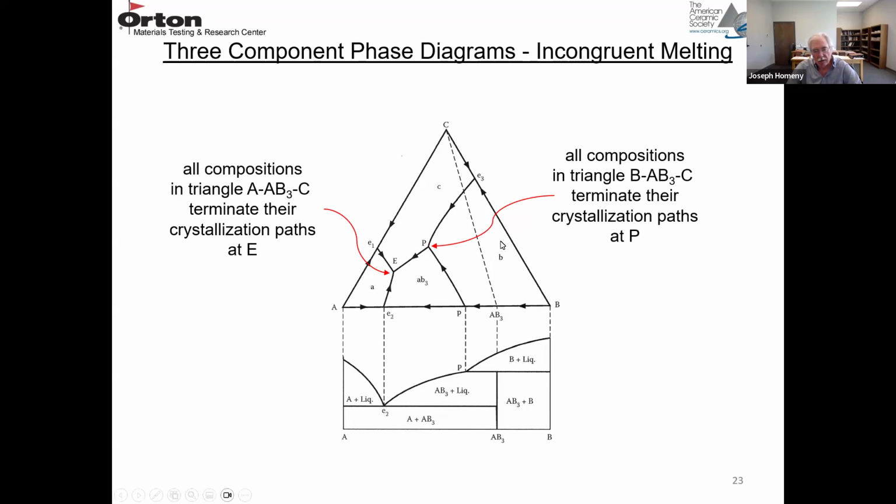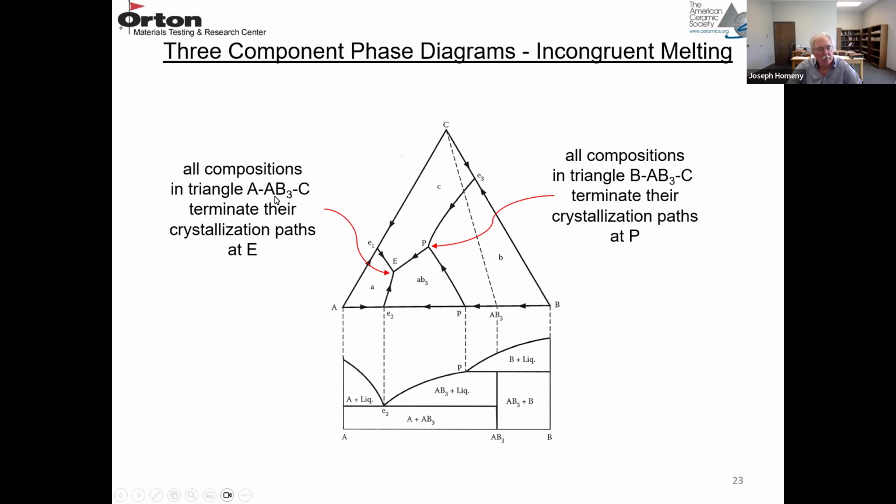If we start out with any composition in this phase field given by this triangle, so we have C, B, and AB3, it has to end up with those three compounds. So here's the phase field for C, B, and AB3. If we start in this compatibility triangle, AB3, B, and C, we have to end up with those three phases, B, C, and AB3, and that's that point P.